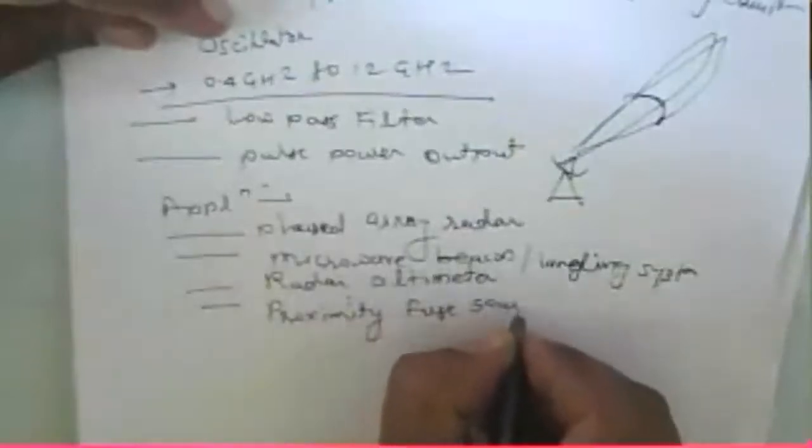Beacon means we have a transmitter, so it propagates the signal, and whatever area is covered by it is that beacon, or a pulse. Then we can consider a radar altimeter, then a proximity fuse source. So this is about the trapper diode.